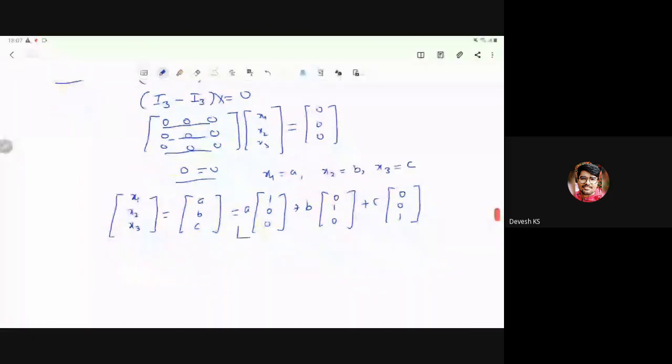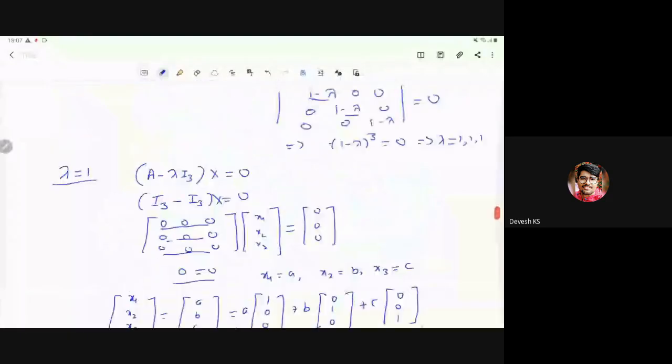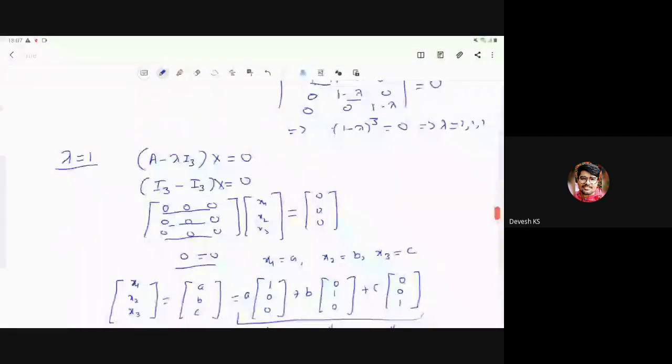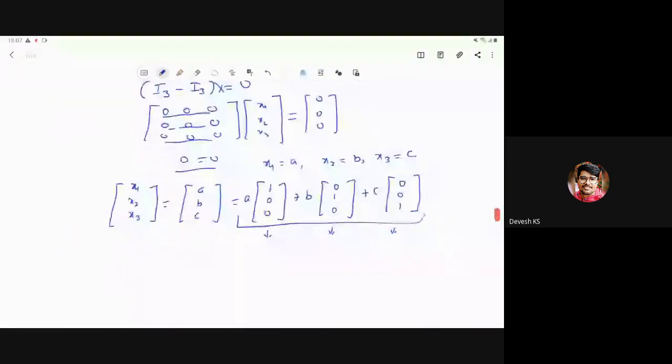So this whole linear combination is the eigenvector, and you are getting 3 linearly independent eigenvectors: (1, 0, 0), (0, 1, 0), and (0, 0, 1). Interestingly, these are the row vectors or column vectors of the unit matrix. So these are 3 linearly independent eigenvectors.